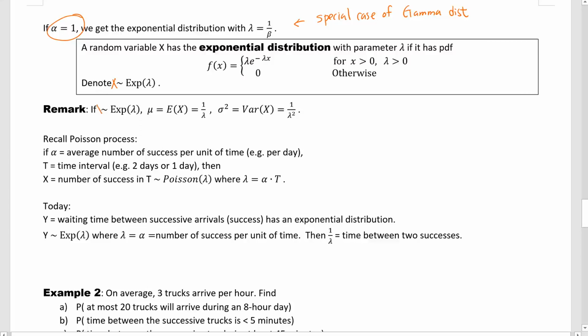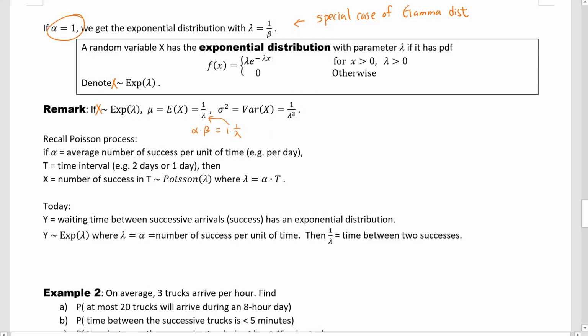Remark: if x has the exponential distribution, then the mean is 1 over lambda, and the variance is 1 over lambda squared. How do we get that? Remember, it's a special case of the gamma distribution. So the mean is alpha times beta, but alpha is 1 and beta is 1 over lambda, so that's why we get 1 over lambda.